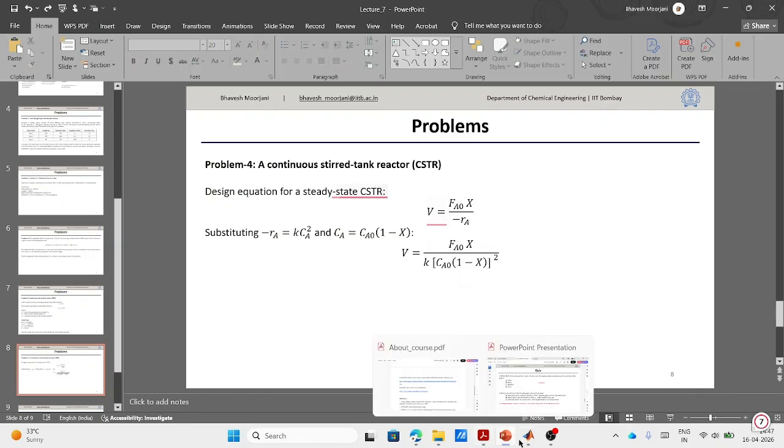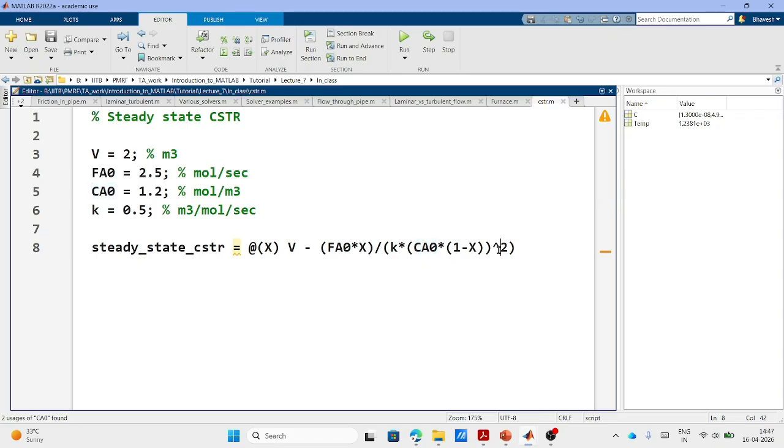If I put the power by mistake elsewhere, I'm only considering 1 minus x to the power 2, not the Ca. So be careful when you are using an equation with a longer format. One thing you can do is break it into smaller parts and write it down, or just be very cautious with the spaces while writing, so you understand where your equation starts and ends.